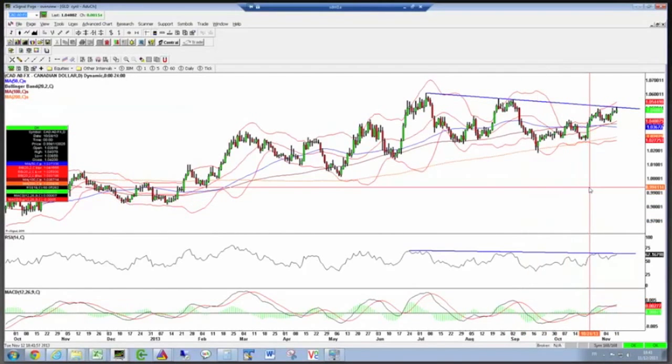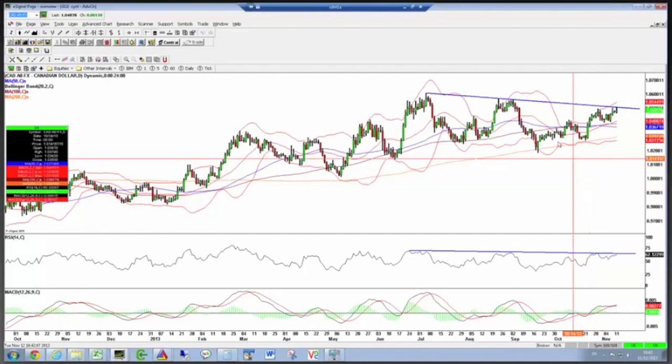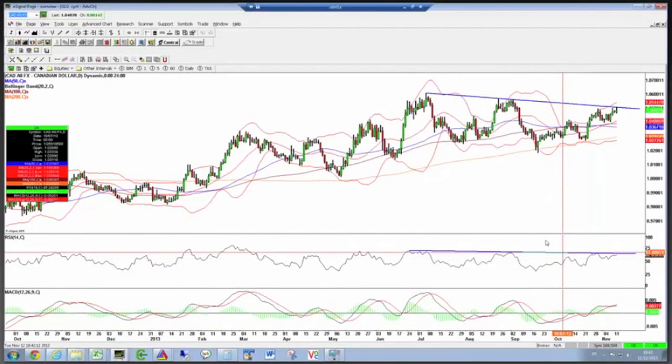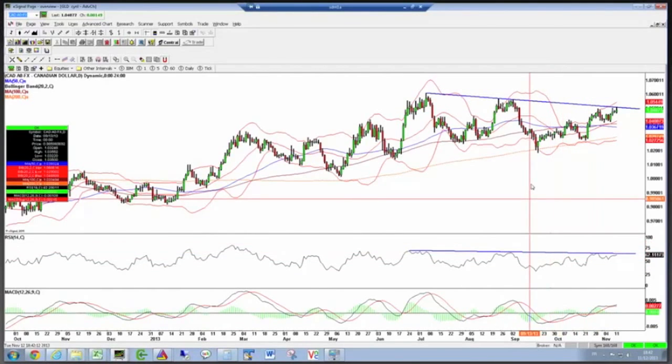And if you have a look at other technical indicators like moving averages or daily MACD, you can see that these indicators are still bullish. So we have just one or two bearish arguments against several bullish arguments.